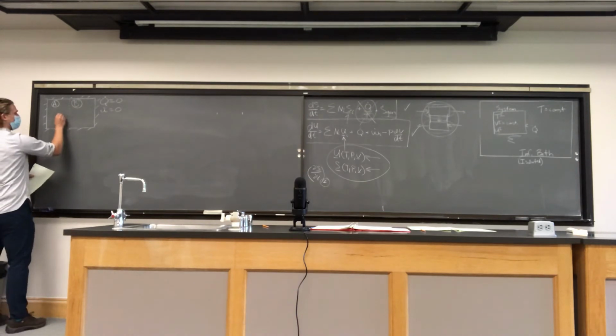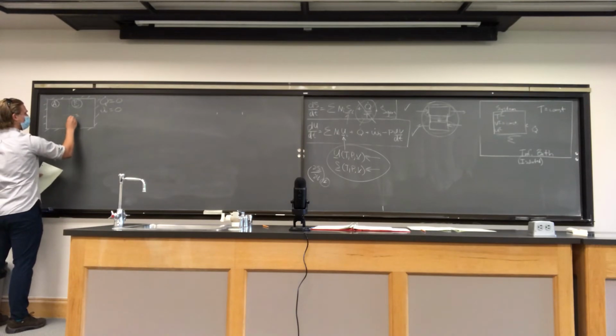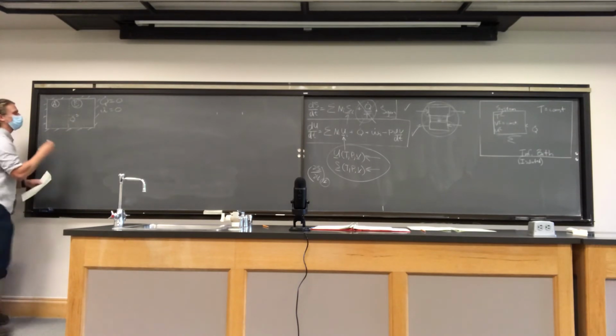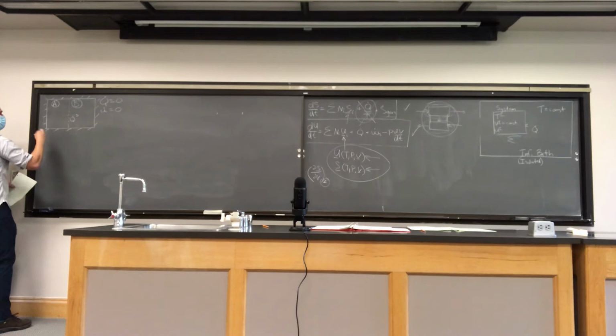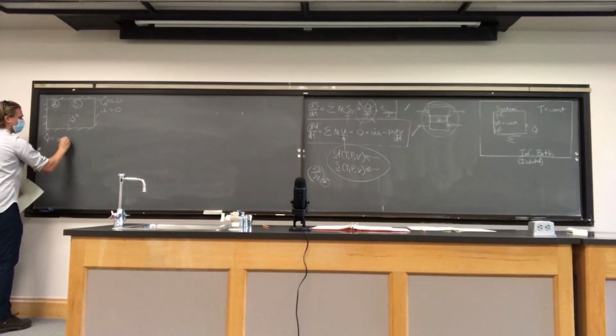I'm going to define positive heat as going from the A chamber into the B chamber. So we have a barrier here. And what I'm going to say is that the Q dot, the rate of heat transfer, is very small.